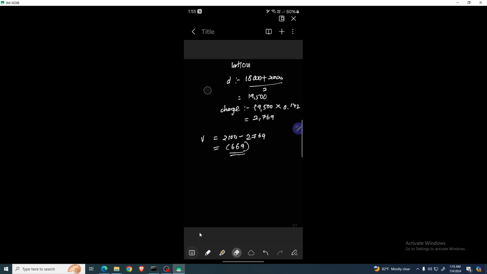And now let's go over to calculate the market value added. So we start with the market value of equity.